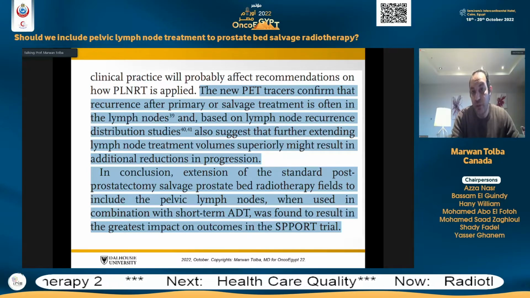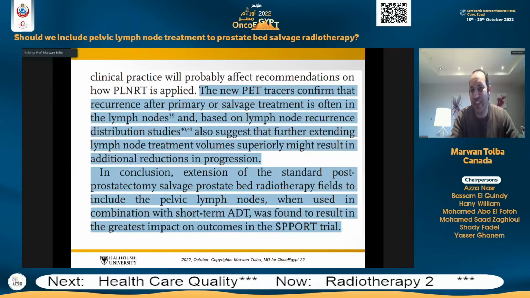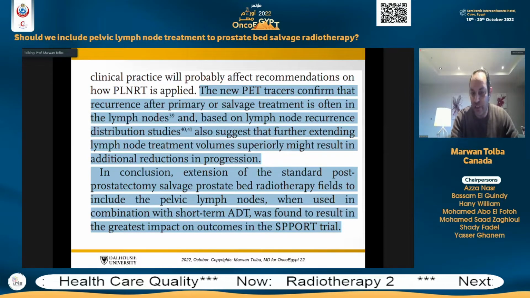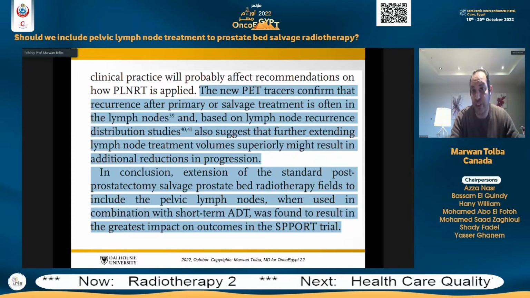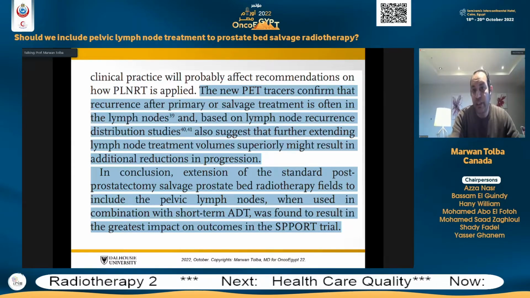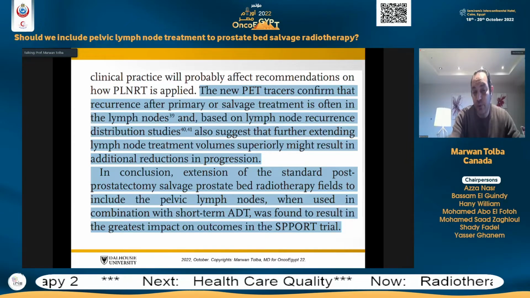If you remember, they used the standard definition and stopped at L5S1. Here they are recommending to extend superiorly, and that was done recently for the RTOG atlas for contouring the pelvic lymph nodes in prostate cancer, in both the post-prostatectomy and definitive settings. They recommended to go up to L4, L5, and this was updated in the recent RTOG atlas.